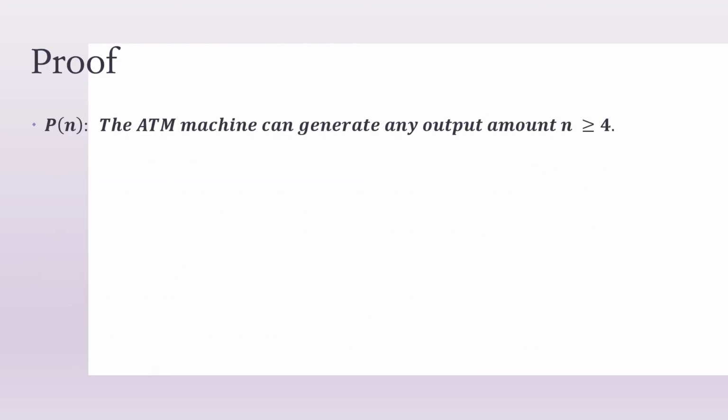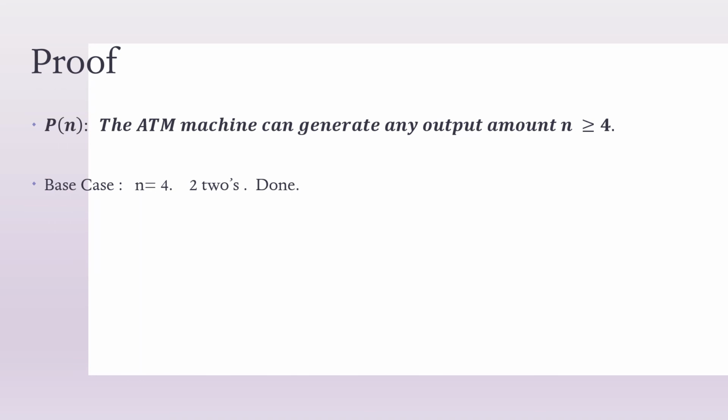So in order to prove this, we have to have an assumption P of n. Let P of n be that the ATM machine can generate any output amount n greater than or equal to 4. Here the base case is n equal to 4. So we have to prove that the base case n equal to 4 is true. If n is equal to 4, yes, it will be true because it can have two 2's.